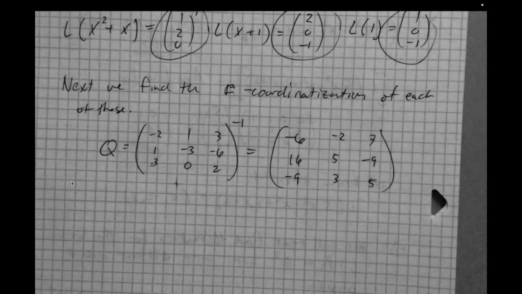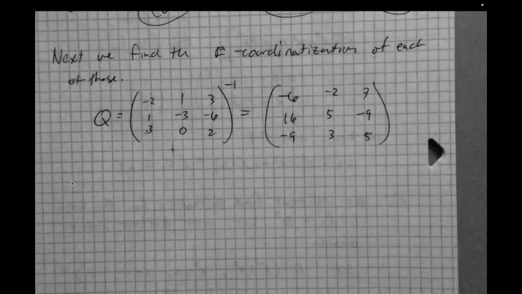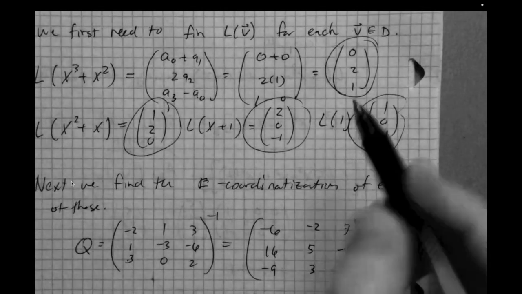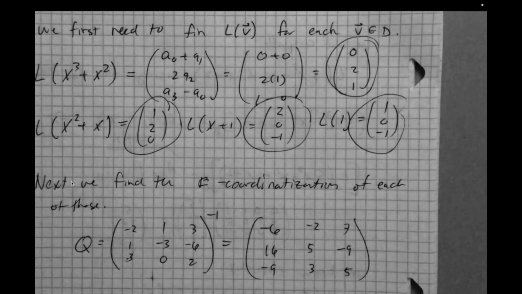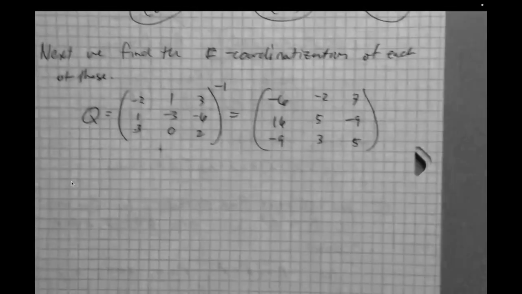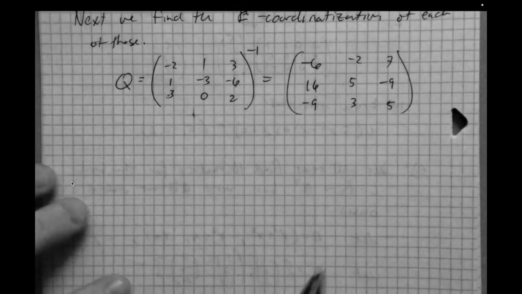Then we multiply Q by each of the images that we got up here, and we get the coordinatization that we're after. Let me do this slowly for the first one.